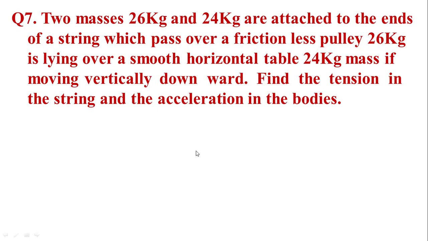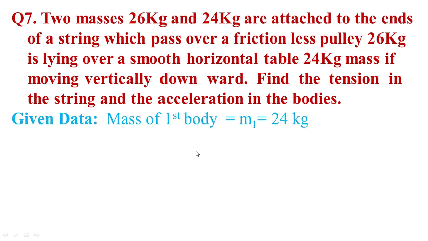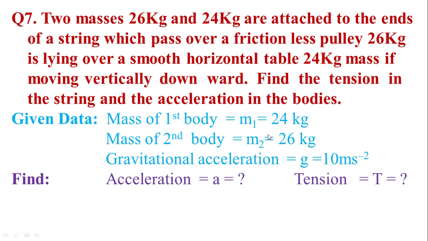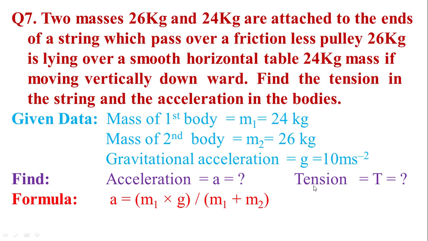So, first of all, write the given data. Mass of first body m1 is equal to 24 kg and m2 is equal to 26 kg. Then gravitational acceleration small g is equal to 10 meter per second square. To find acceleration a and tension T, we write the formula.